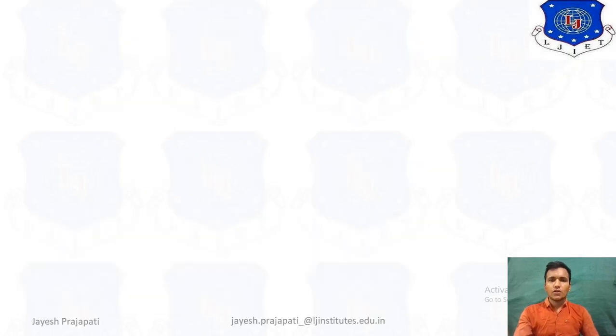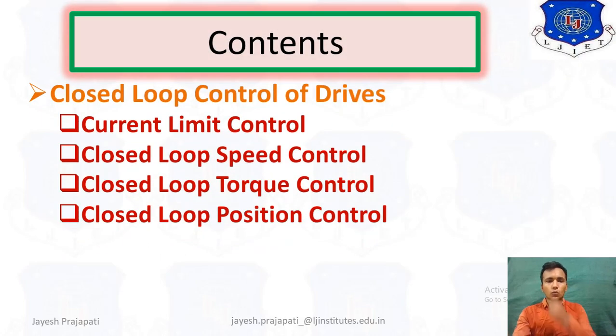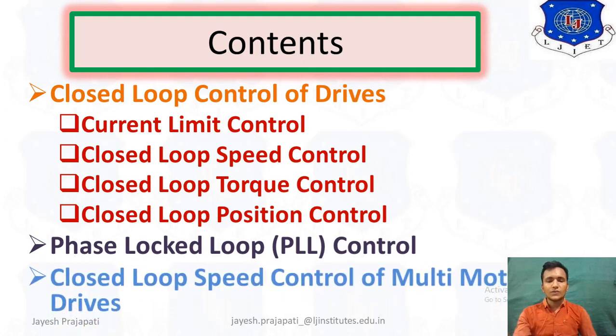Now, in this session, we have to discuss closed loop control of drives: current limit control, closed loop speed control, closed loop torque control, closed loop position control, and phase locked loop, that means PLL control scheme, then closed loop speed control of multiple motor drives. So that is the closed loop operation of control drives that we will discuss in this session.